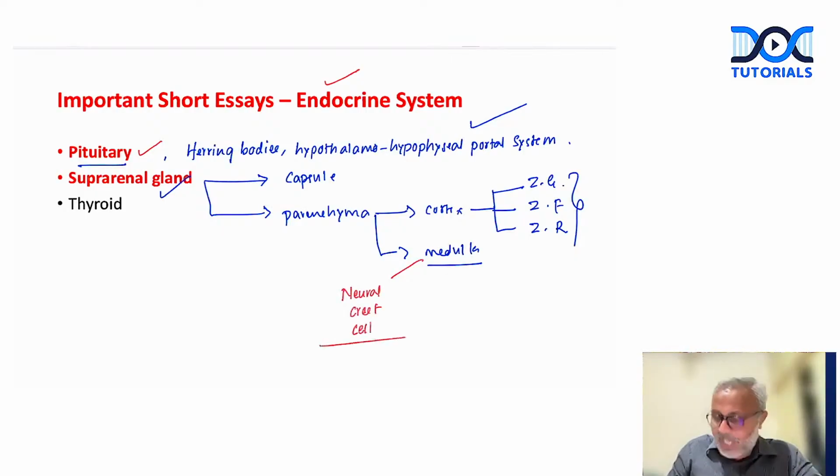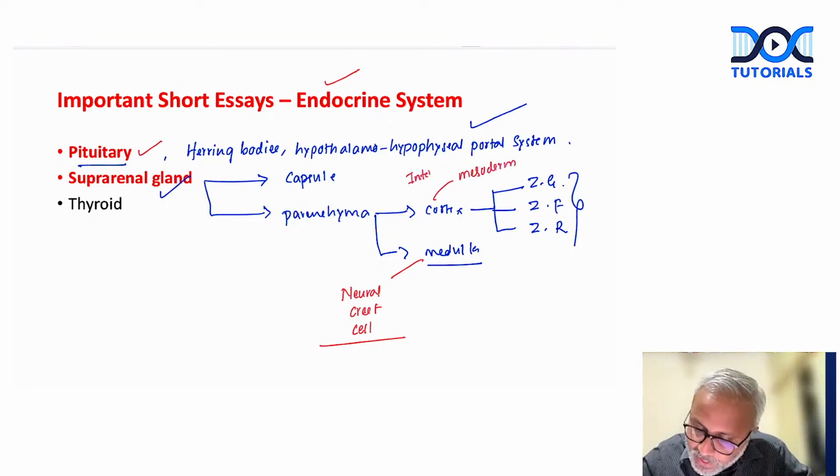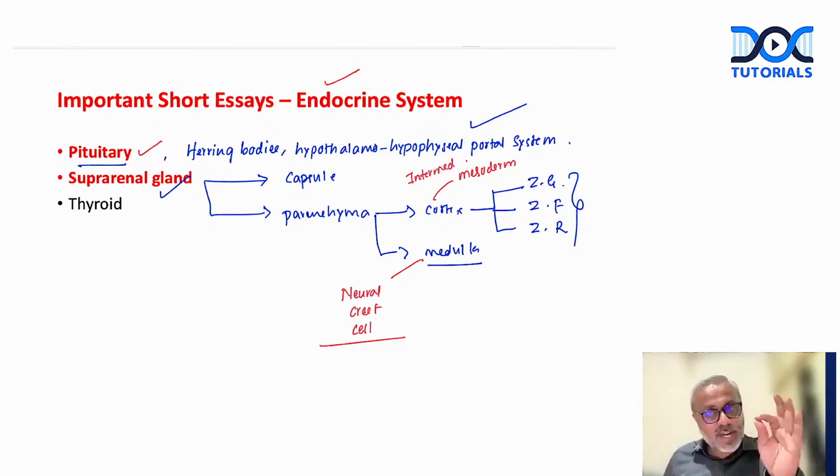Now, this is an additional point, right? If you are talking about cortex, don't forget to mention this comes from mesoderm. To be more specific, the intermediate mesoderm. If you can write this, if you can highlight it, this will help you score, right?